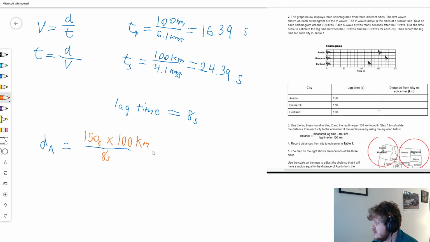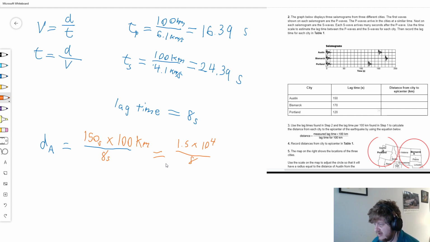So now, when we do that, we get a value. We multiply it out, we should get basically 1.5 times 10 to the 4th over 8.